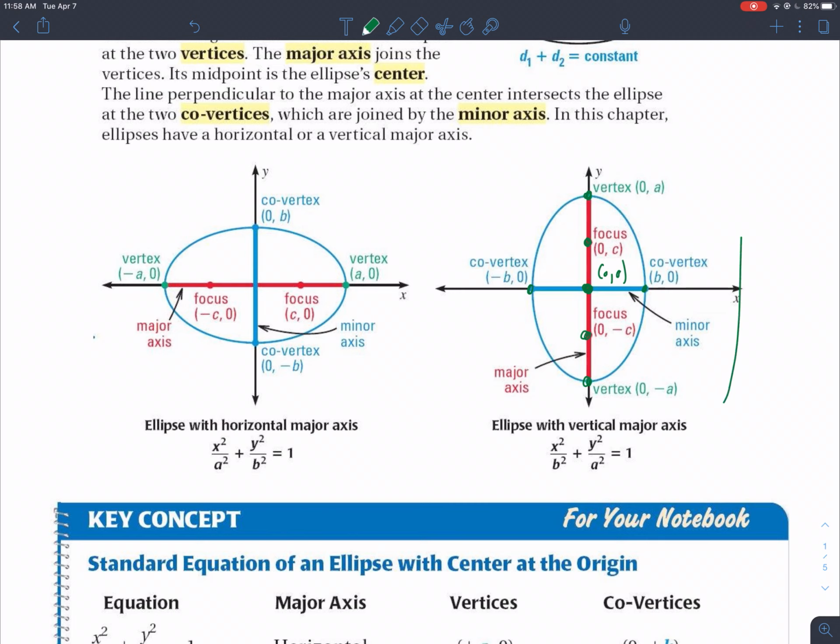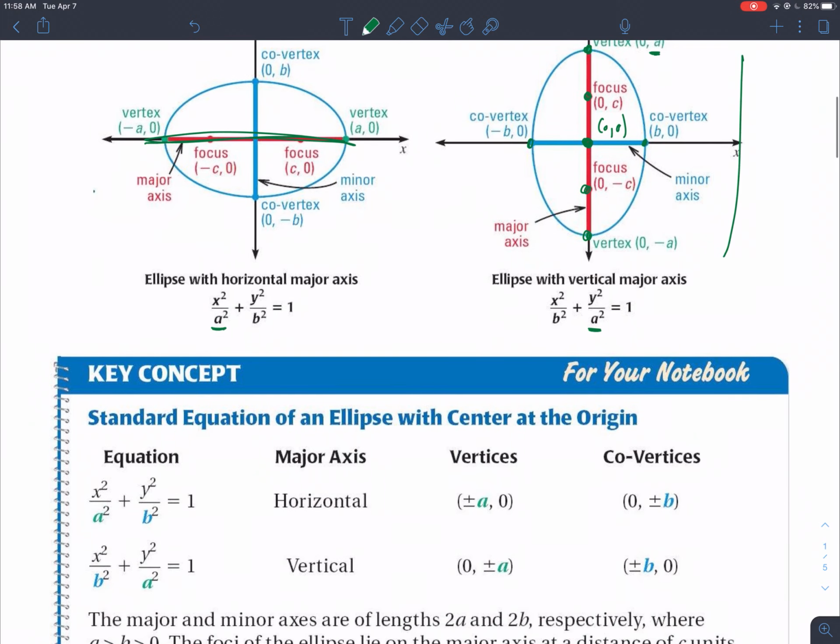If it's a vertical ellipse like this, then the a squared is under y. If it's a horizontal ellipse like this, then the a squared is under x. And there's another relationship that you must remember. A is always bigger than b, which will mean that a squared is also bigger than b squared.